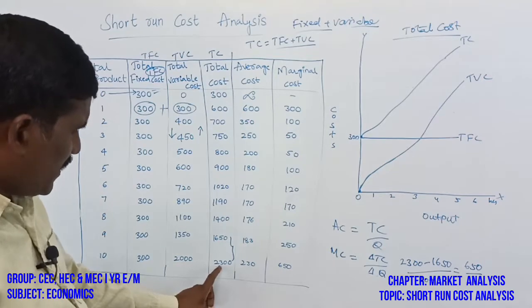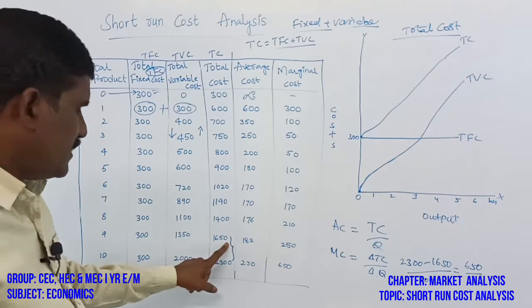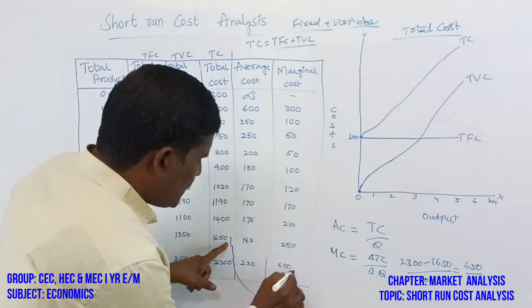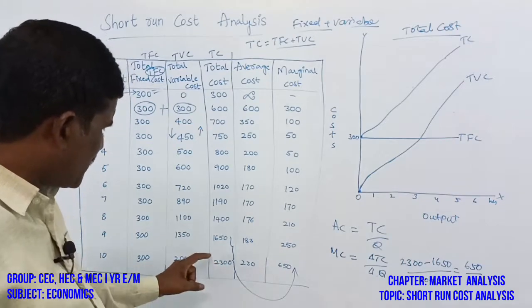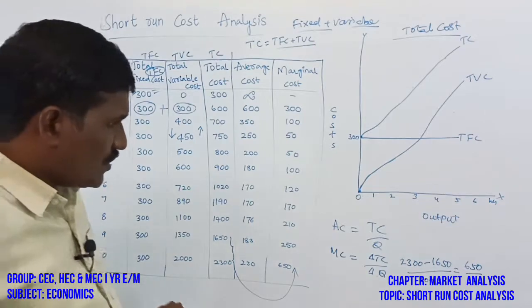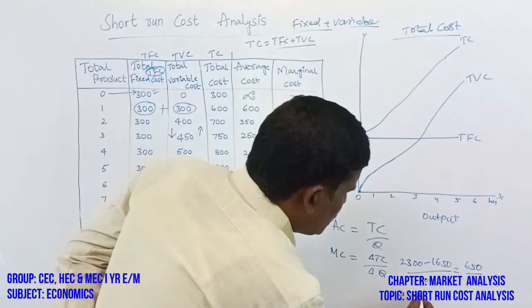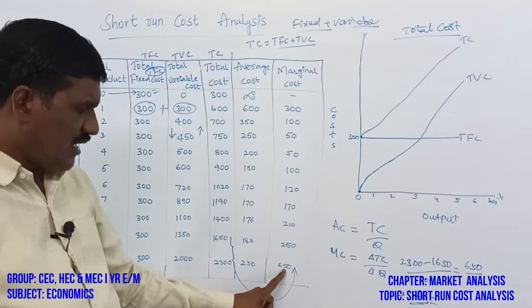So 2300 minus 1650, then we get 650. What is the 650? It is the difference, delta TC by delta Q. So 650 by 1 is equal to 650. So how do we obtain the MC?